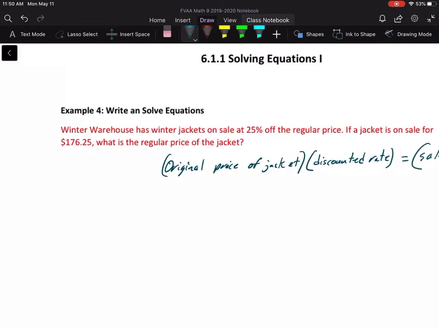Now we have to figure out, do I have the original price of the jacket? No, right? That's what the question is asking me. What is the original price of the jacket?